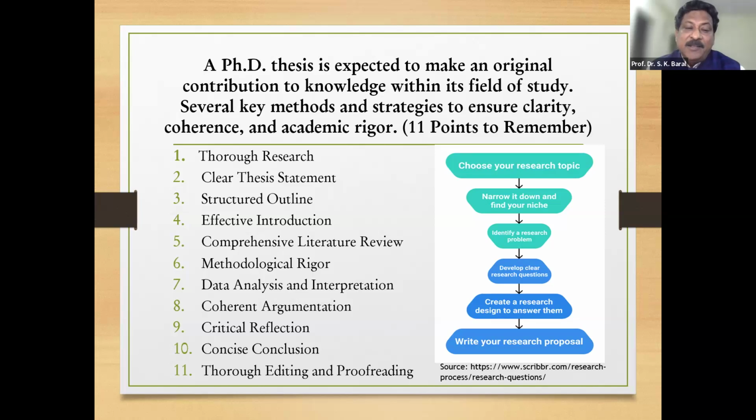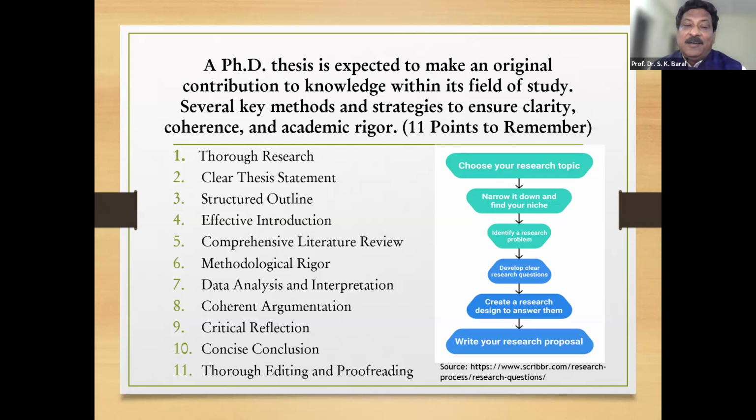Then fifth is comprehensive literature review. Then sixth is methodological rigor. Then seventh is data analysis and interpretation. And the next is coherent argumentation. The next is critical reflection. The last but not least is concise conclusion as well as effective proofreading. So these are the fundamentals when we are going to start writing.